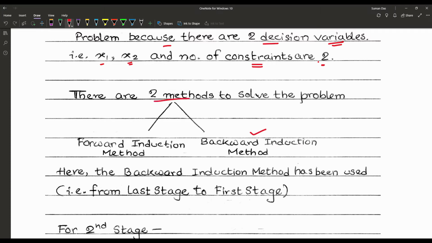Particularly there are two methods to solve that type of problem: the forward induction method and the backward induction method. But here we are proceeding with the backward induction method to solve the LPP, and particularly that is from the last stage to the first stage.